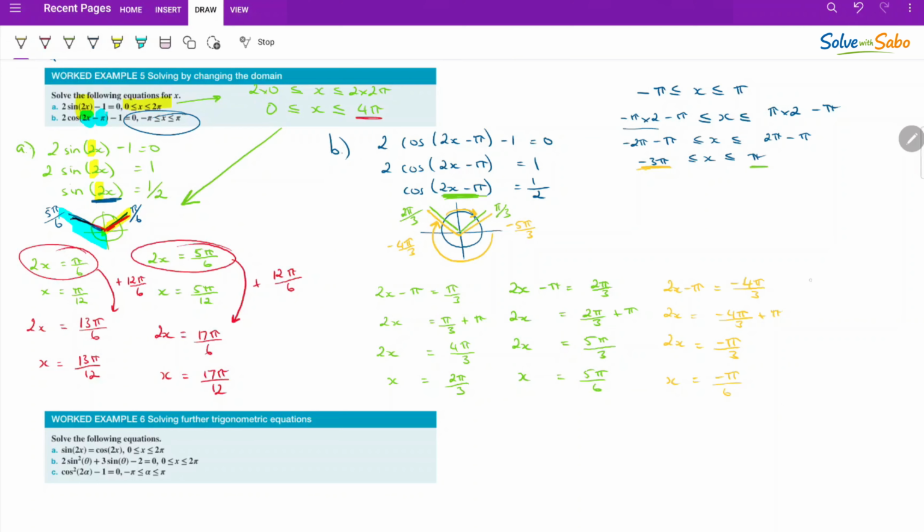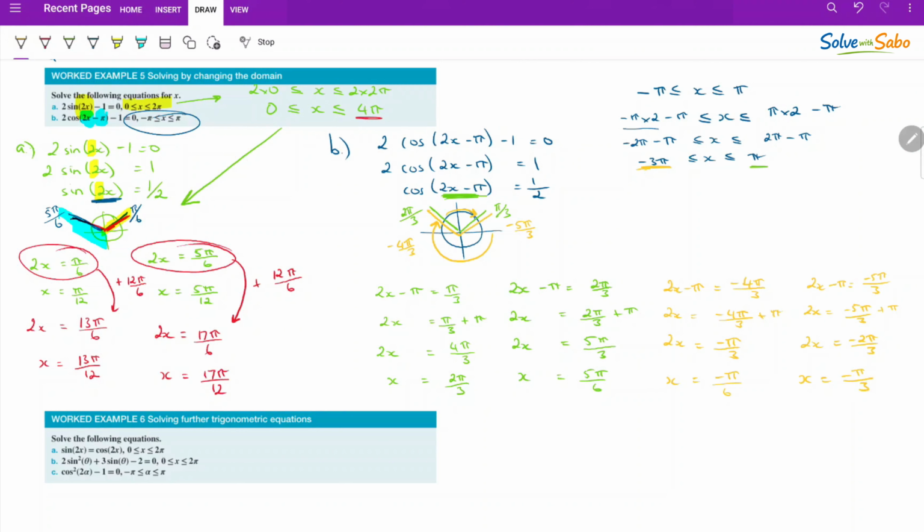And then lastly, I hope I've got some room here, 2x take pi equals negative 5 pi on 3. 2x equals negative 5 pi on 3 plus pi. 2x equals, what's that going to be, negative 2 pi on 3. And x equals negative pi on 3.